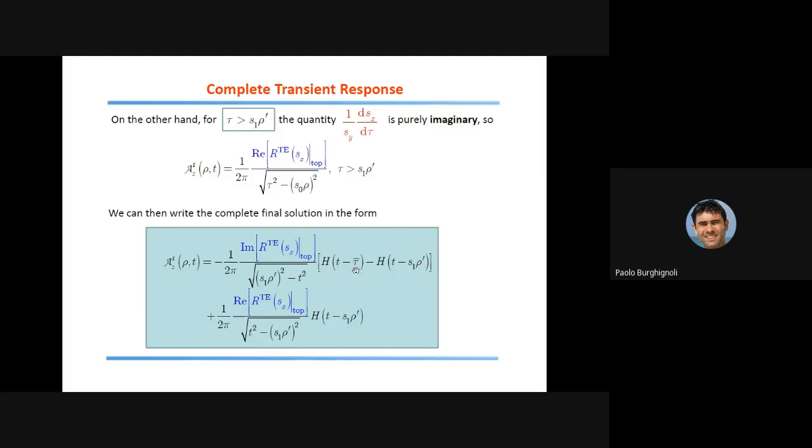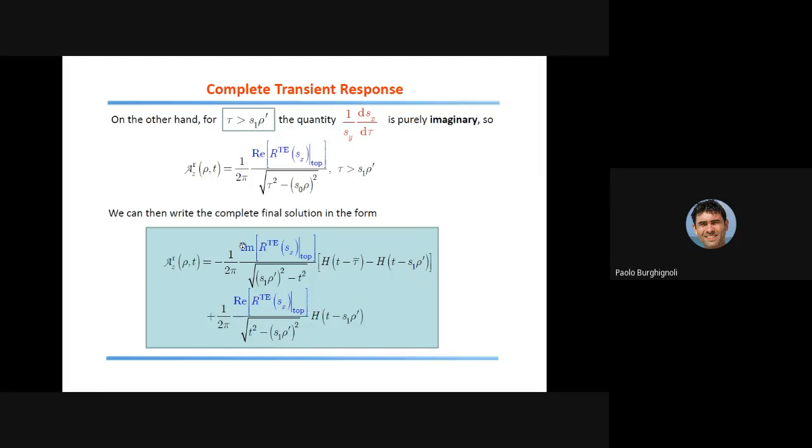Before tau bar, by causality, we don't have anything, so the waveform is identically 0. After S1 rho prime, we have this second expression here at the bottom, in which you have the real part of the reflection coefficient, always evaluated on the Cagniard-de Hoop path.